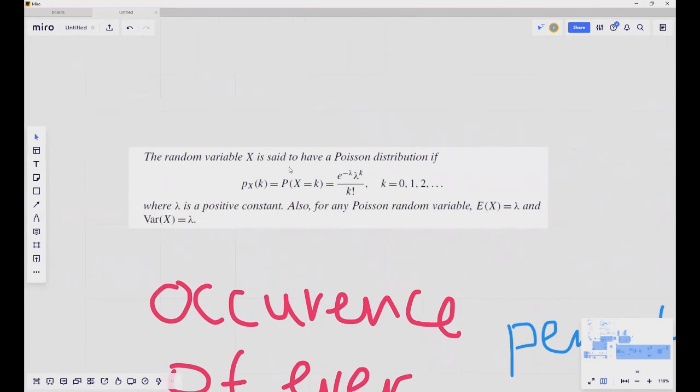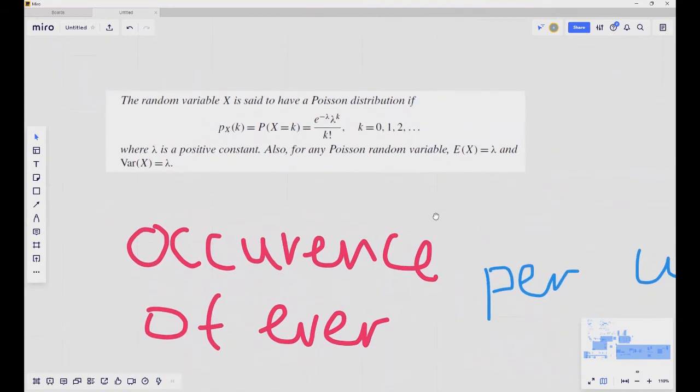So a random variable x is said to have a Poisson distribution if it has the following PMF: e to the power of minus lambda, lambda to the power of k over k factorial. So to find the probability that our random variable x is equal to k, we'll use this PMF, and the random variable x here denotes the number of occurrences of some specific event.